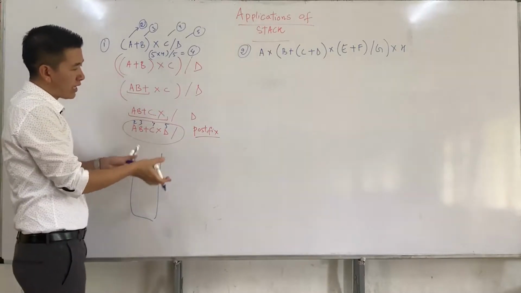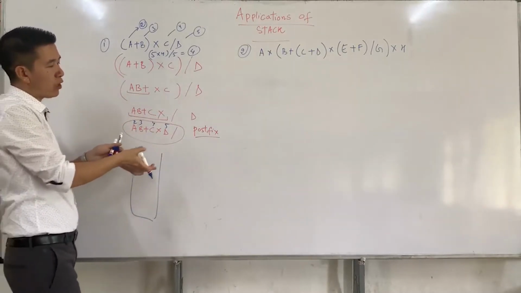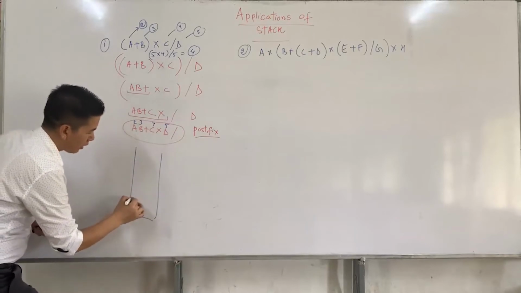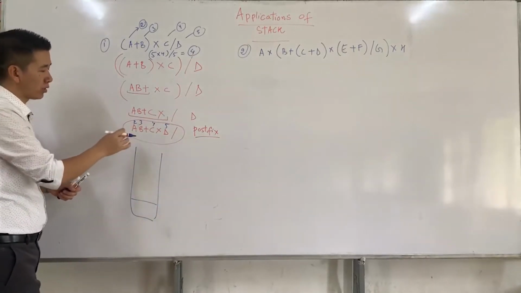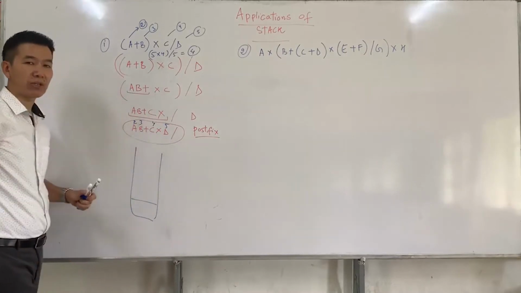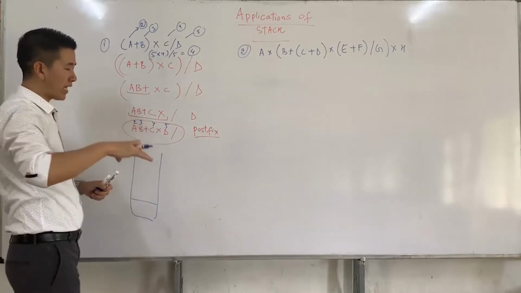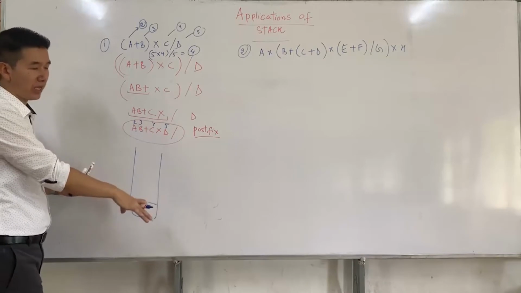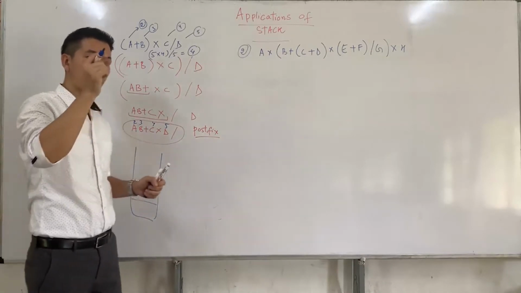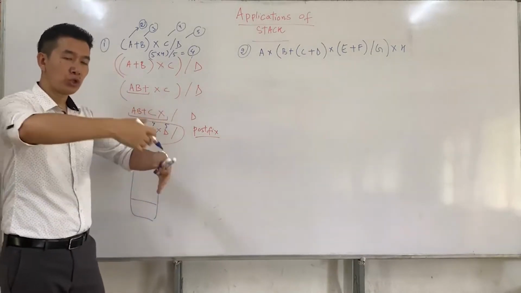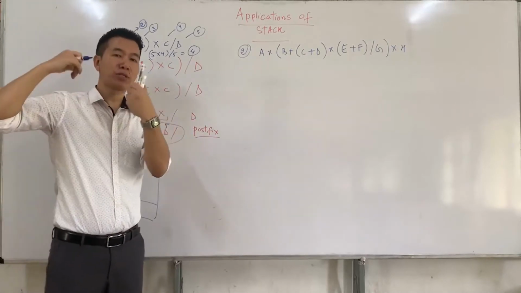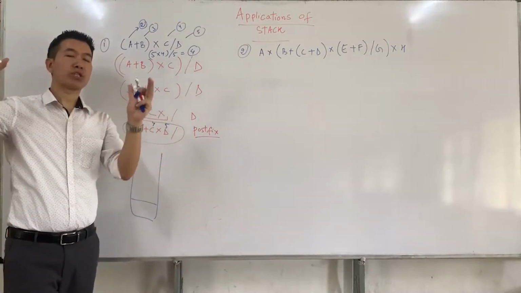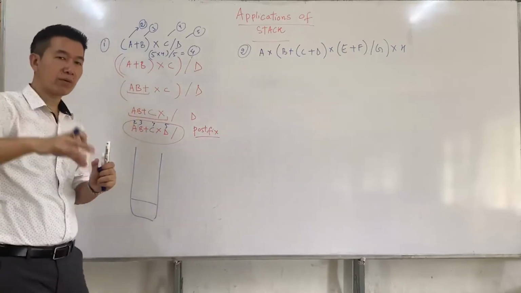So how stack helps to evaluate the postfix is, the rules are, the operands, A, B, C, D are the operands. They will keep getting pushed onto the stack. But the moment you have the operator, the two latest operands are popped, the calculation is carried out, and the result will again be pushed.